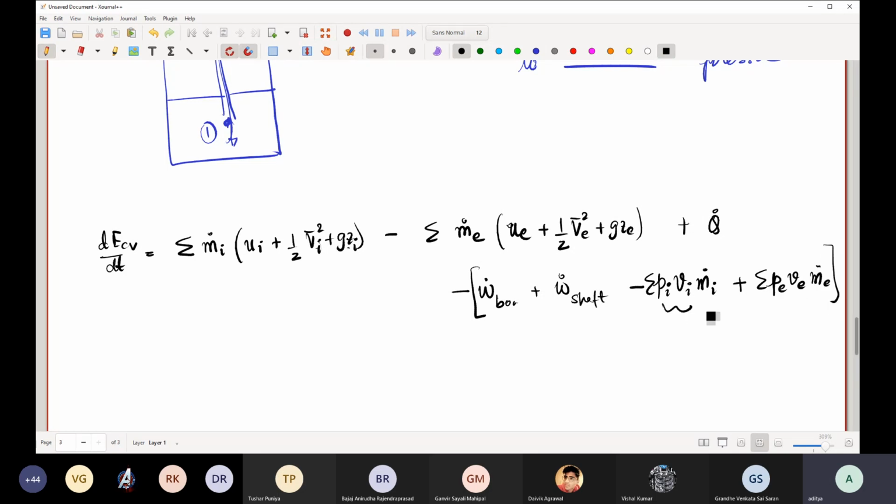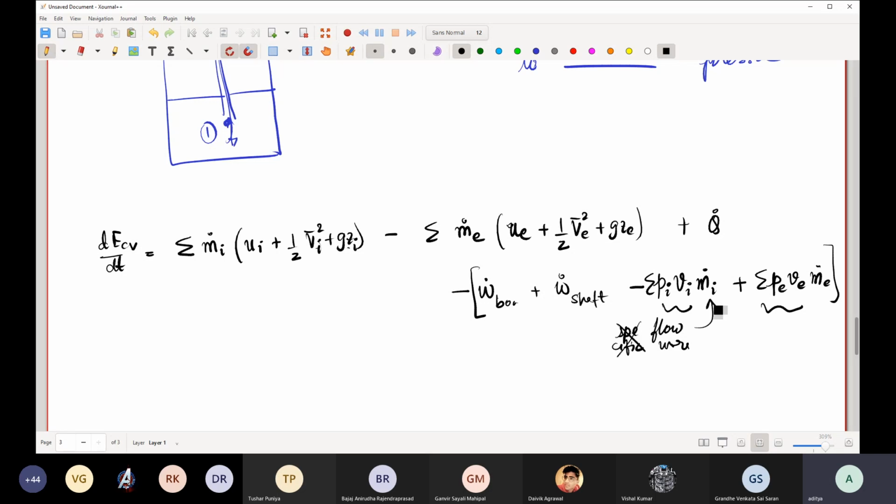So PV is the PV work. This is not the integral PV work; it's not integral P dV. This PV work is known as flow work. This is the specific flow work. When you multiply it with the mass flux, this specific term goes away.